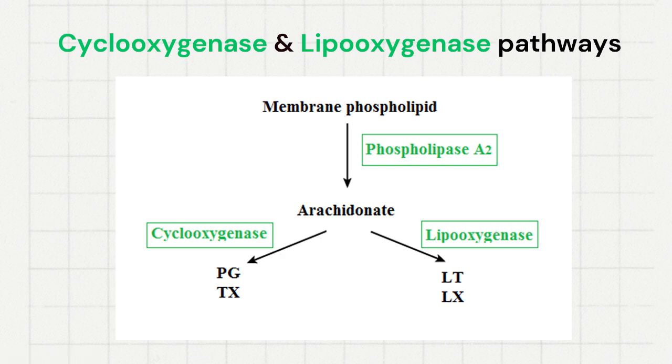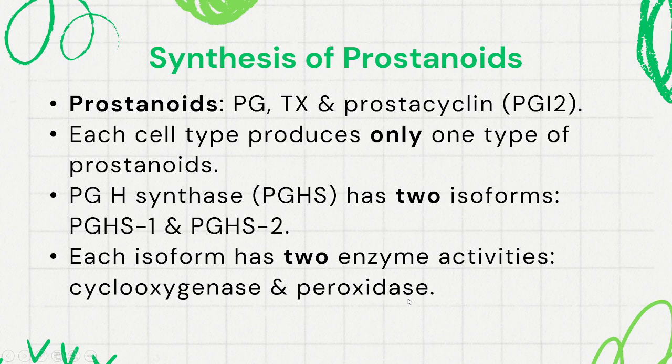The cyclooxygenase and lipoxygenase pathways act on arachidonate, which is part of membrane phospholipids. Phospholipase A2 will release arachidonate, and then arachidonate can proceed via either pathway, either through cyclooxygenase to produce prostaglandins and thromboxanes, or through the lipoxygenase pathway to produce leukotrienes and lipoxins.